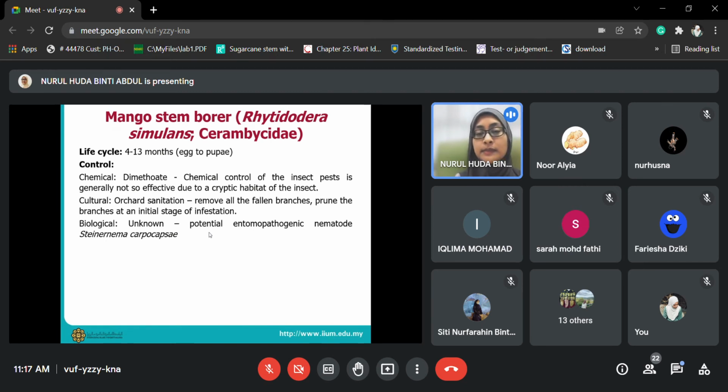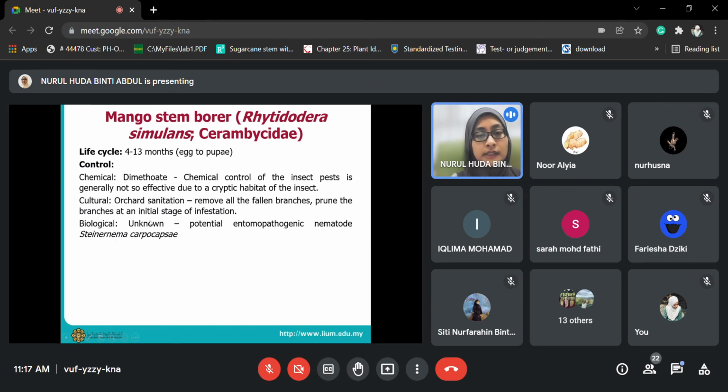So there is a possibility that insect tu dah infest. Cumanya masih lagi di peringkat awal. So if you do the pruning process, maksudnya buang certain branch and then remove from the area of the orchard. So it's most likely work to control this mango stem borer.